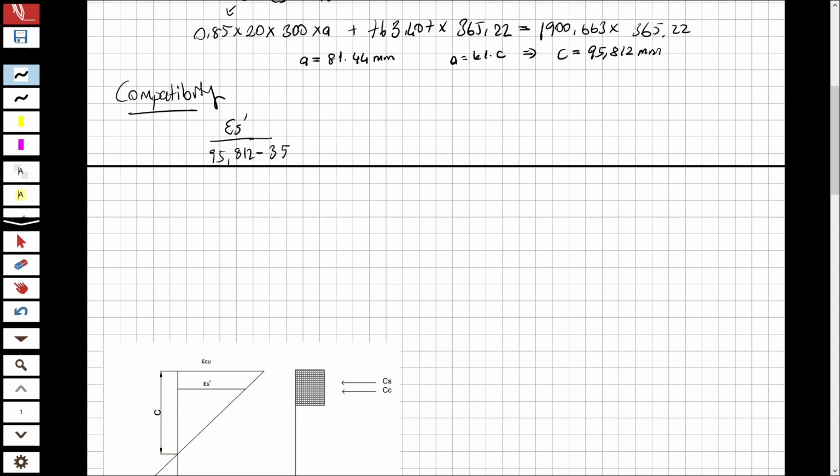What is 35? It is D prime, the rust cover, right? Equal to 0.003. What is that? This is the strain of the concrete, epsilon CU, over the C value.